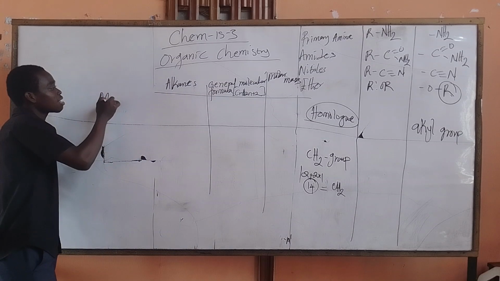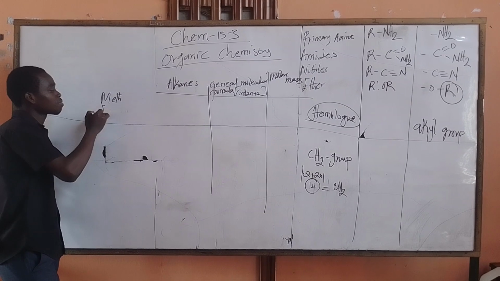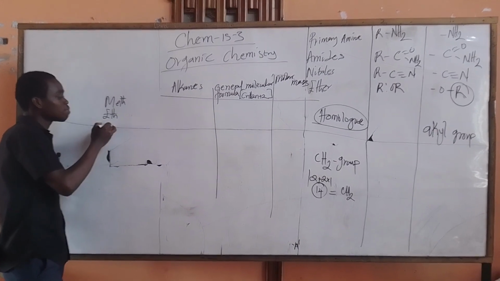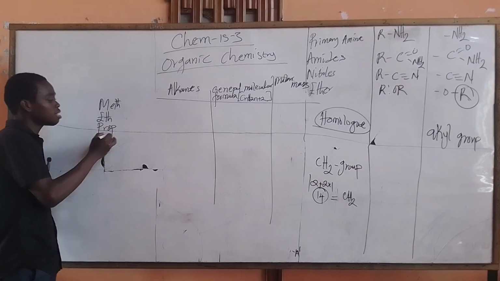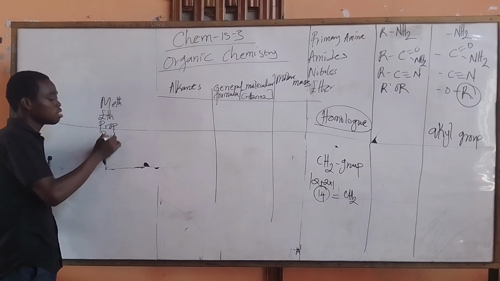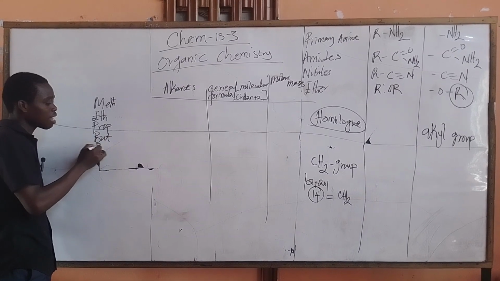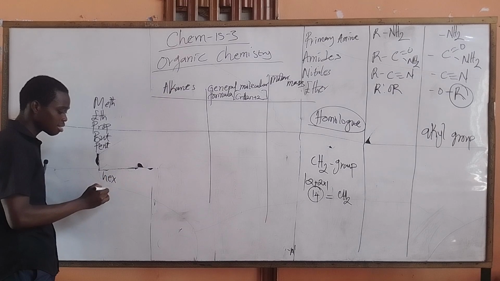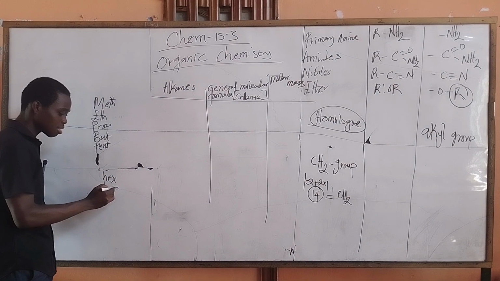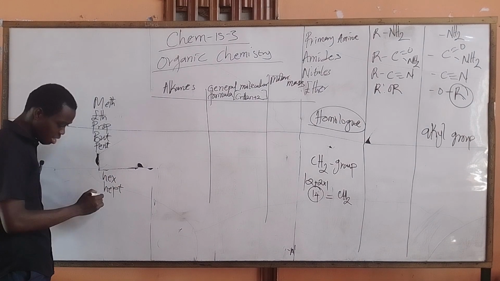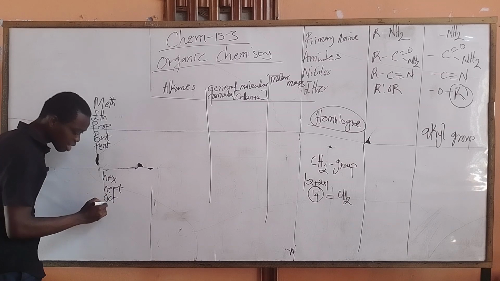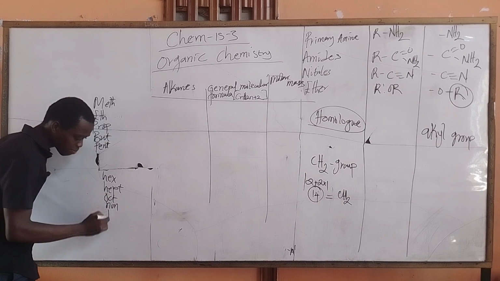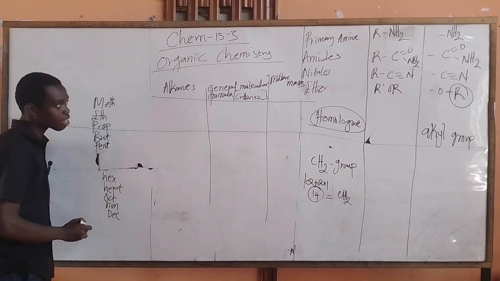So if I have the first member, now let's do this. Meth is known as 1 carbon, eth 2 carbons, prop is 3, 4 is but, 5 is pent, 6 is hex, 7 is hept, 8 is oct, 9 is non, and 10 is dec.